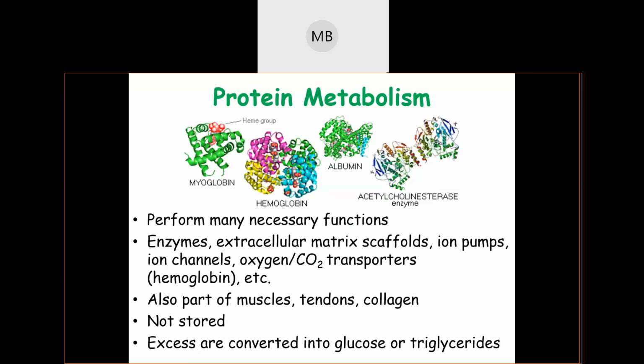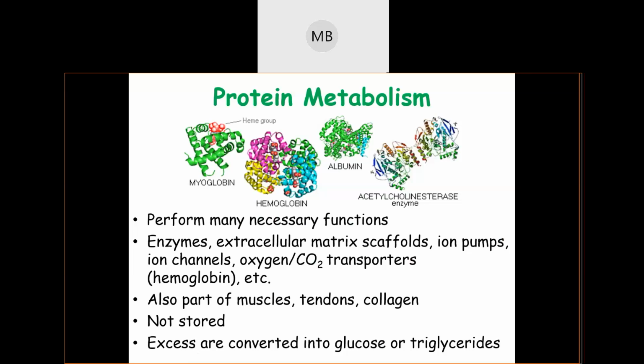Additionally, some of your hormones and all of the enzymes in your body are all proteins. Enzymes are a specialized form of proteins. And some of your hormones, like testosterone and that kind of thing, are also protein-based hormones. We talked about that one in your endocrine system.